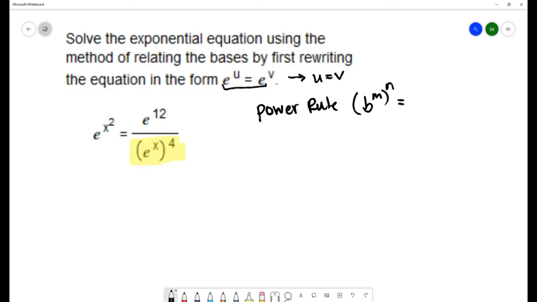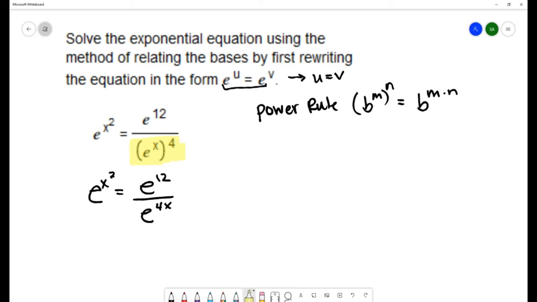And when you have this situation, you multiply the powers. You get b to the m times n. So I'm going to start by simplifying that denominator to become e to the 4x. We multiply that x and 4 together to get 4x.